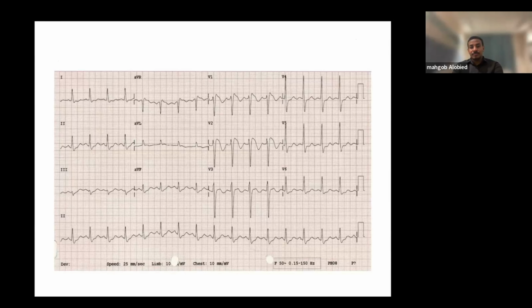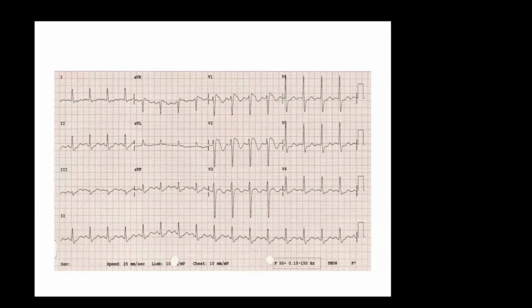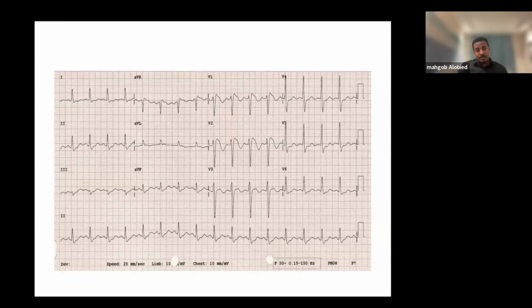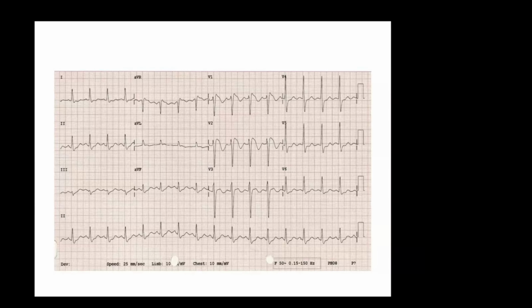Yes. So can you describe the changes in the ECG? Downsloping ST elevation in the chest leads. Yeah. What do we call this, type 1, 2 or 3? Type 1, approximately.